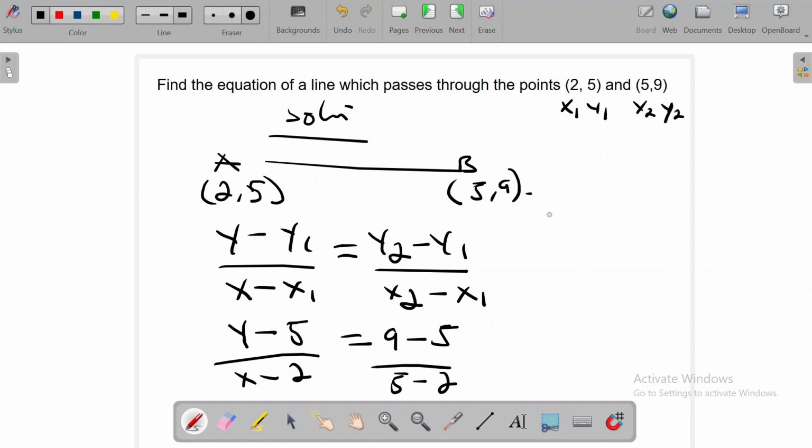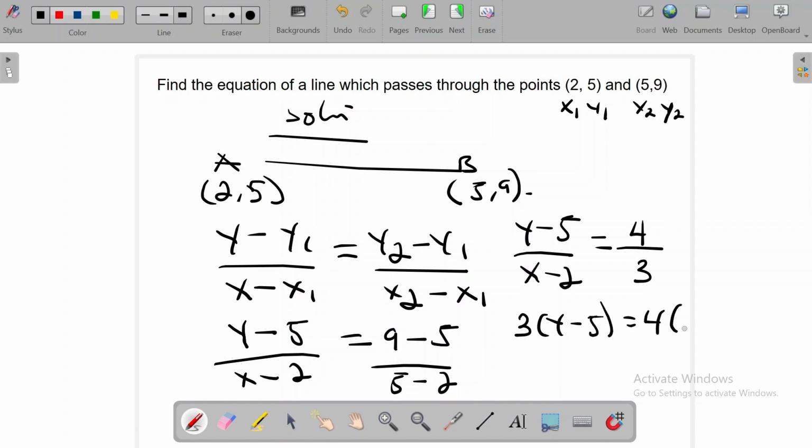So this becomes (y minus 5) over (x minus 2) is equal to (9 minus 5), which gives 4, over (5 minus 2), which gives 3. If I cross multiply, it becomes 3(y minus 5) equals 4(x minus 2).